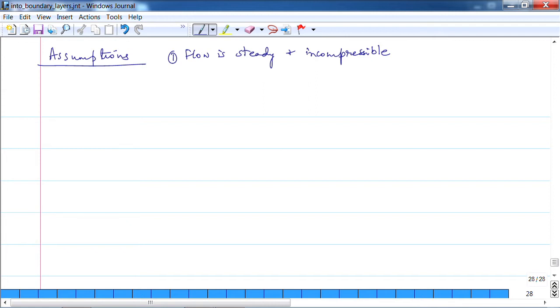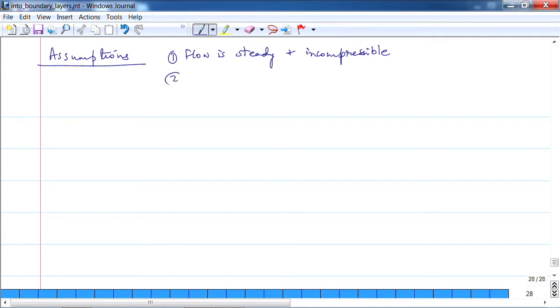And the flow is steady. So if I were to look at the flow at a certain instance of time, I would not be seeing drastic differences in its properties. The walls are smooth, so that we are not going to look at any effects of the wall in this case.